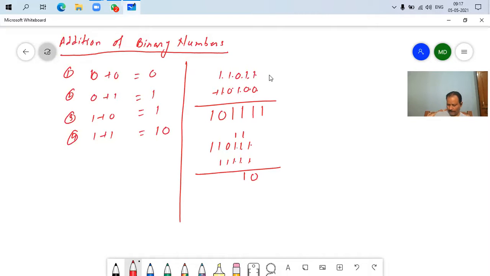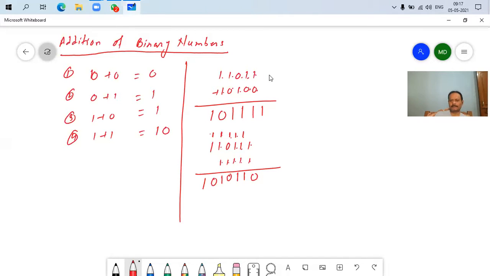So 1 plus 1, 10. 10 plus 1, 11. The carry is 1. 1 plus 1, 0. Carry 1. 1 plus 1, 10 plus 1, 11. Carry 1. And 1 plus 1 becomes 10.